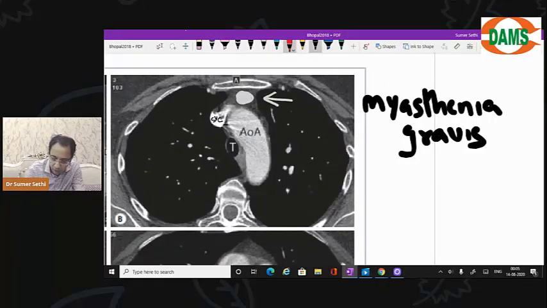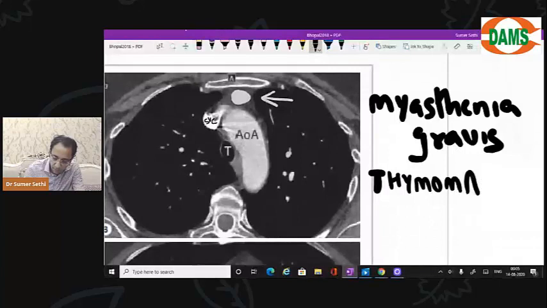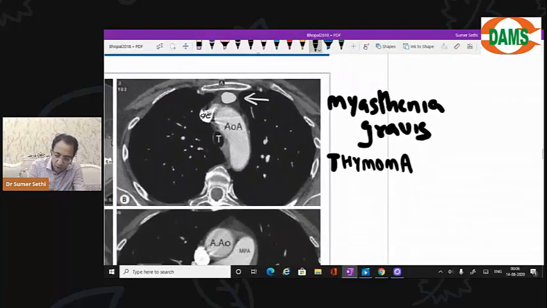What could this be? So if you have myasthenia gravis and you see a tumor in the anterior mediastinum behind the sternum, you think of thymoma. You think of thymoma. Are you clear? Okay. Can you name a film star who had thymoma and myasthenia gravis?